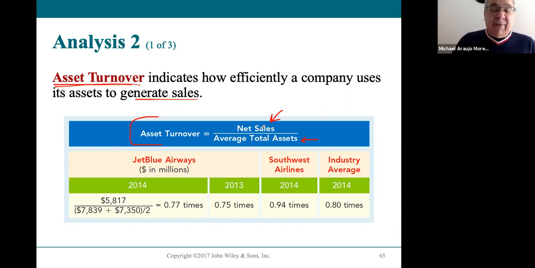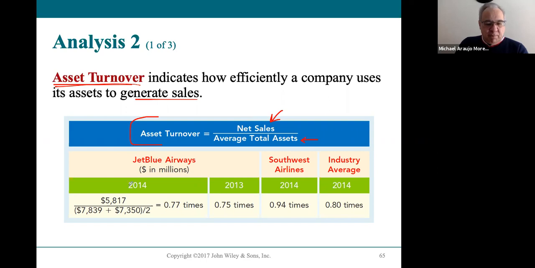Again, that's the purpose of having most of your assets, particularly when it comes to the property, plant, and equipment and intangible asset portion of the balance sheet. Those are meant to help you sell stuff. Those are meant to help you generate profits, unlike your current assets, which are meant to help you pay your bills. So this is very important, and that's why it's in chapter 9 here.